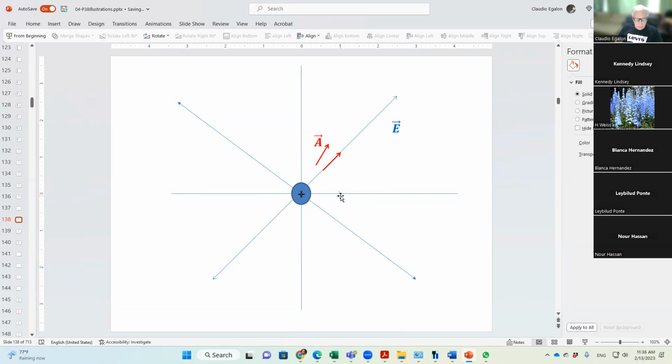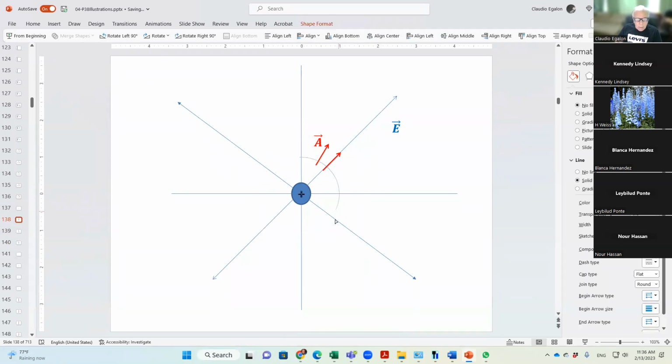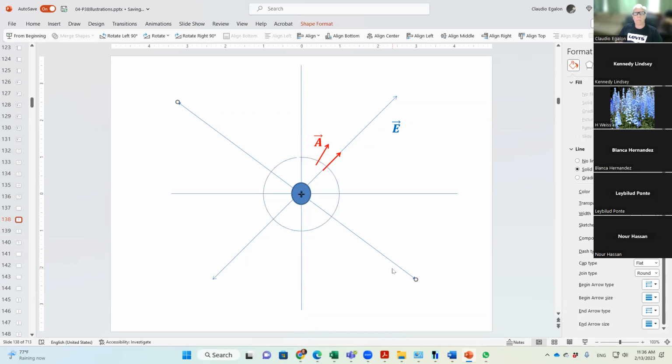Okay? Let's do that again. Here you go. So, because all those points of the sphere are the same distance from the point charge, we can state that the magnitude of the electric field here is the same as the magnitude of the electric field here, and so on. Okay? That without knowing Coulomb's law.